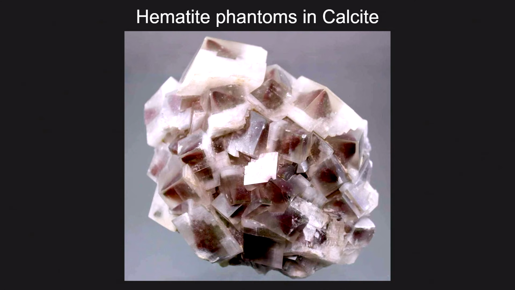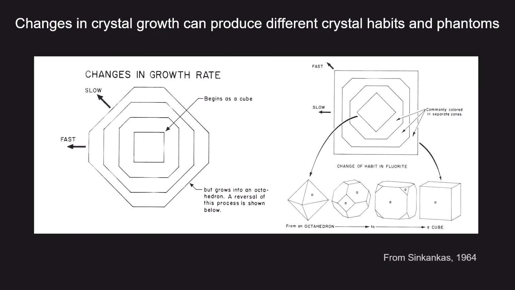And this will be an important observation that I'll refer back to in a few slides. This is a very nice illustration from Sinkankas that just shows how phantoms can develop as a result of different crystal faces growing faster than others.